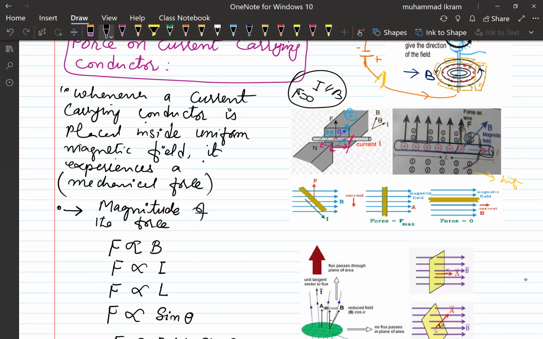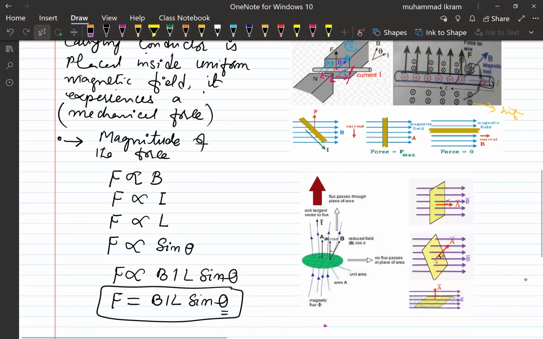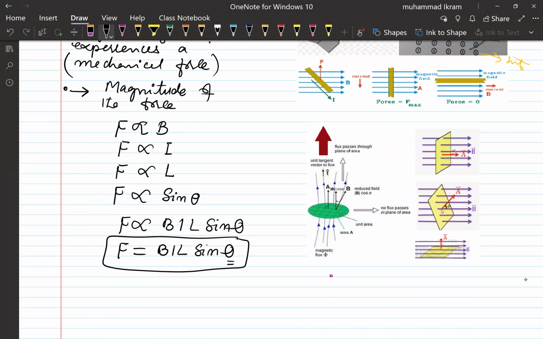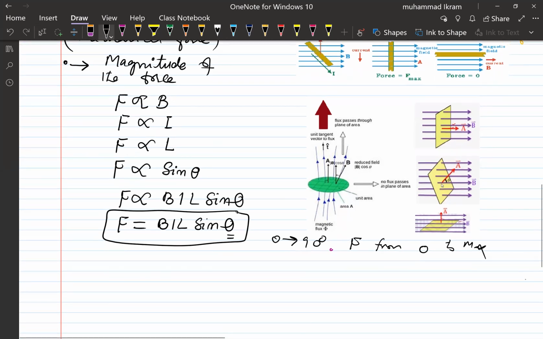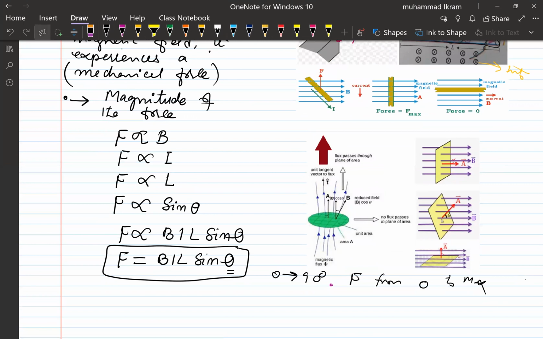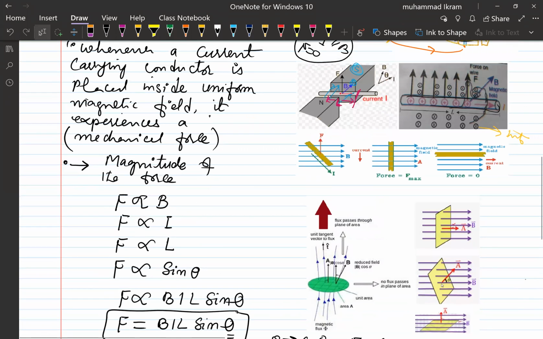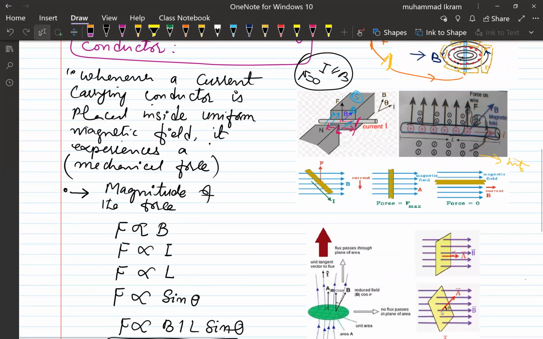The conductor will experience no mechanical force if the current flows in the direction of B. But as you change the angle from 0 to 90 degrees, F increases from 0 to maximum. So you must remember that there is no magnetic force on the conductor if it is parallel to the magnetic field.